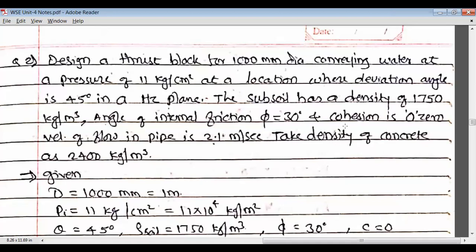How has it come? 1 meter is equal to 10 to the power 2 centimeter. If you square both sides, 1 meter square will equal 10 to the power 4 centimeter square. Now, if I want to convert centimeter square into meter square, I need to have 10 to the power 4 on this side. So we put that power 10 to the power 4 here.